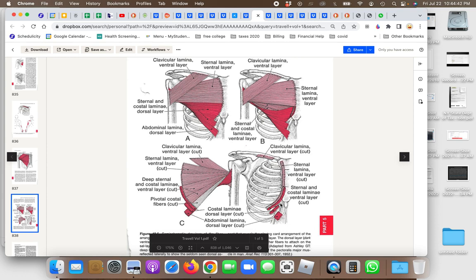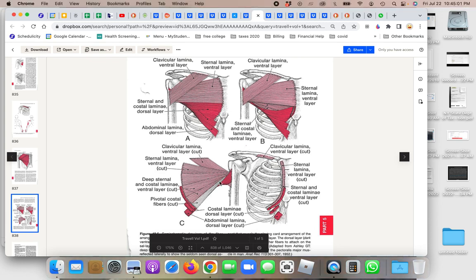And then the lower portion attaches to parts of the ribs, like 5, 6, 7, and 8, and some of it actually attaches to the external obliques and sometimes the rectus abdominis. Anyway, there's no attachment to the shoulder blade, the coracoid process. And here's a beautiful illustration where they cut away the pectoralis major and reflect it laterally, and you can see the attachment here at the humerus rather than at the coracoid process.